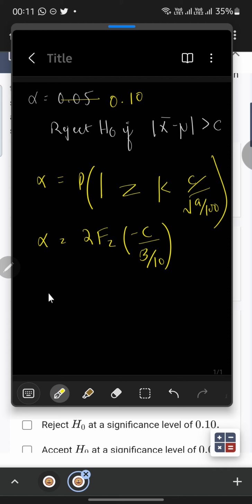So alpha here is 0.1, 0.1 by half will be 0.05, and in the previous question f of z minus c by 3 by 10 was minus 1.64, right?